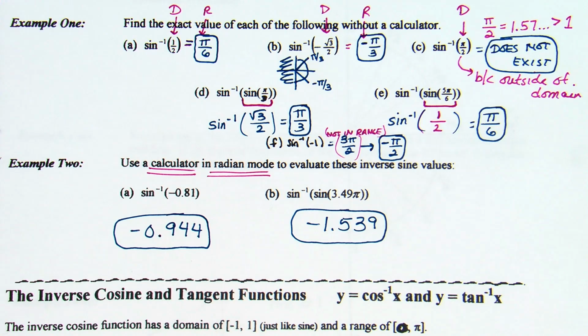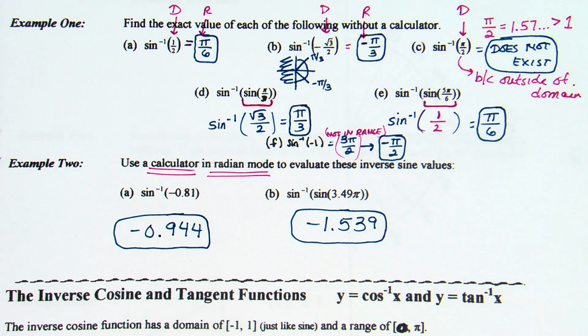Okay, guys. So 4-7, we talked about sine inverse yesterday, right? And what do you remember about the domain of sine inverse? Okay, so the domain, the input, has to be between -1 and +1. Okay?